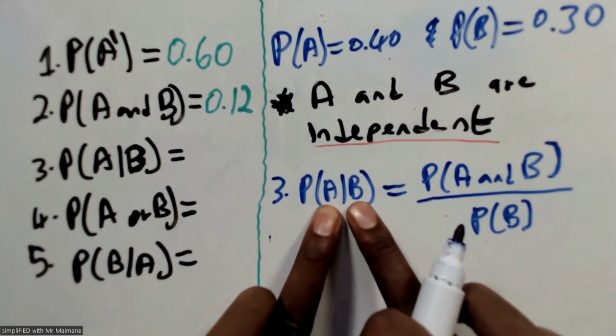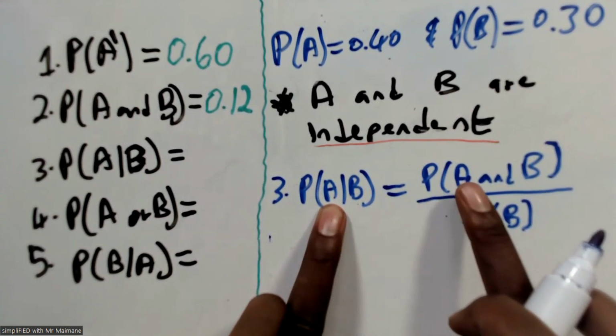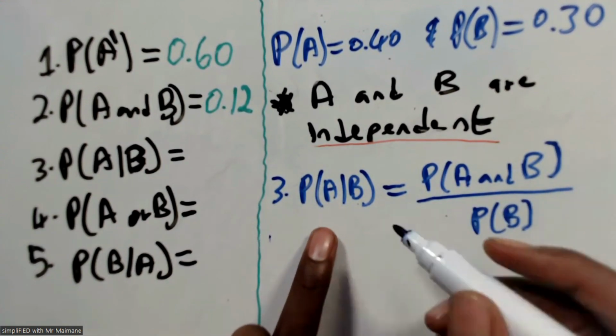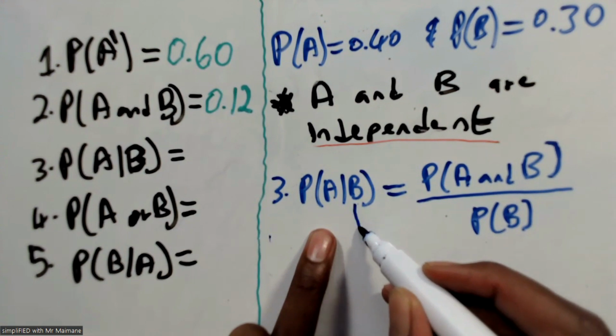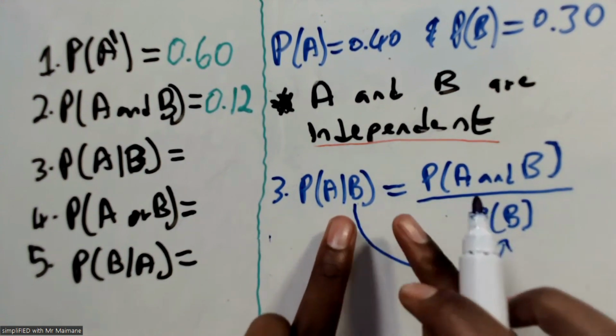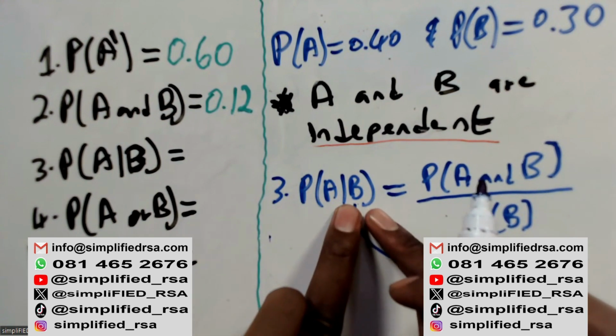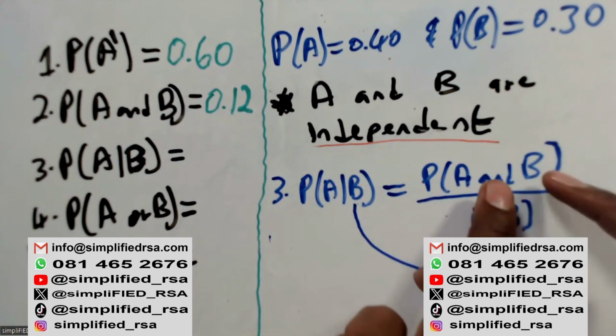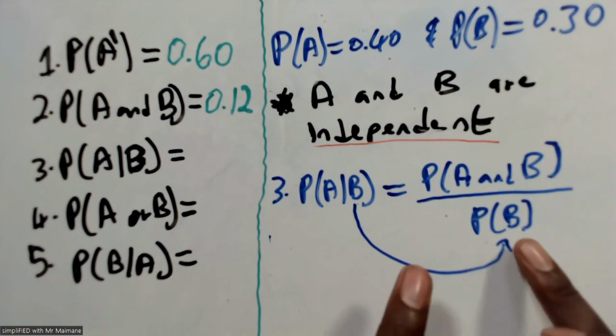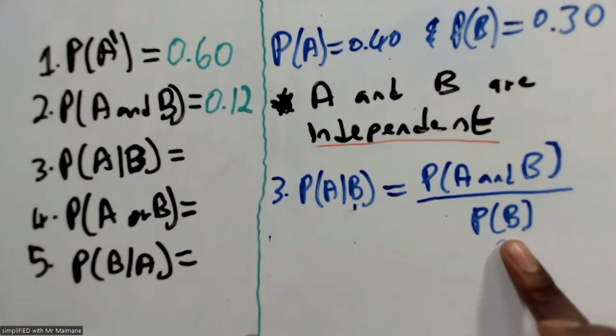Even if they didn't give you the formula, you must just know that this is the probability of A and B divided by the probability of the one in front, the probability of the condition. So the probability of A given B is the probability of A and B over the probability of B, which is the condition. So that's how it's done.